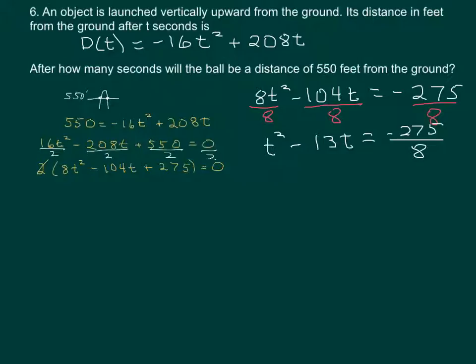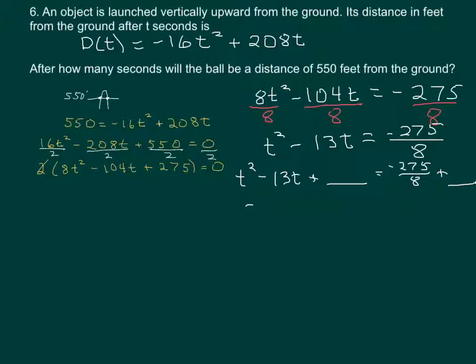Okay, so we need to know what number we need to add to both sides to get a perfect square trinomial on the left. So we half it and square it.